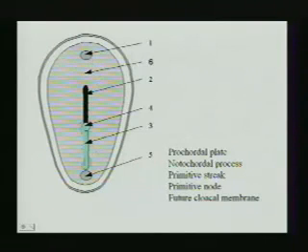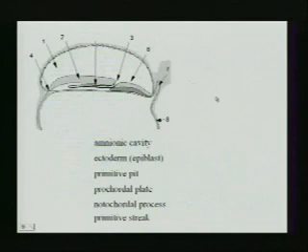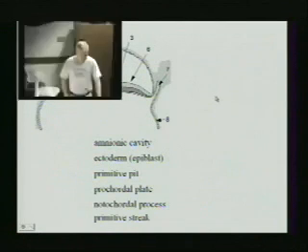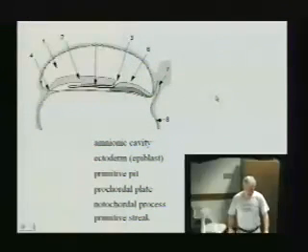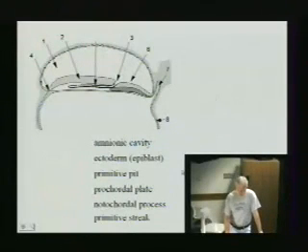But still the primitive node with the primitive streak extending caudally is very important, the notochord extending toward the prochordal plate being our major points of orientation. So the new thing identified now, of course, is the future cloacal membrane. And number 1, the prochordal plate, is going to become the oral pharyngeal membrane. So we now have another illustration, so plenty of things to label.